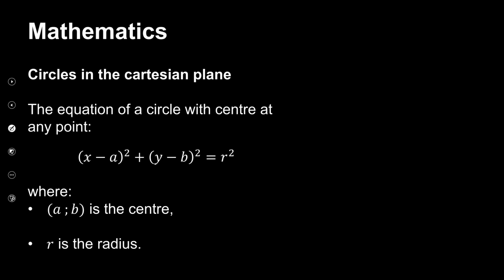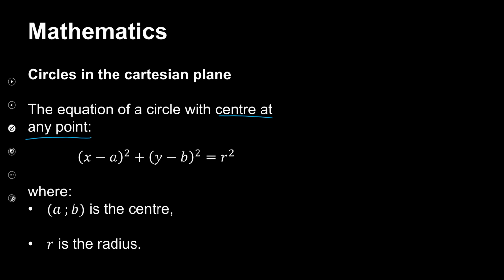Just a quick overview of what you need to be familiar with: we have circles in the Cartesian plane, which is the equation of a circle where the center is at any point, and then any point on the circumference, right?